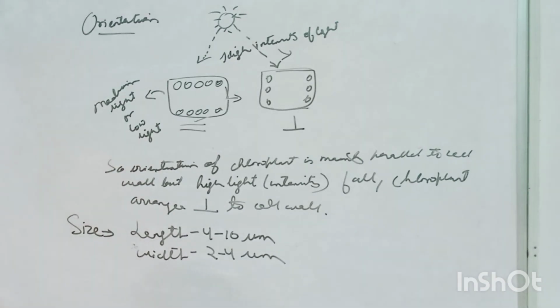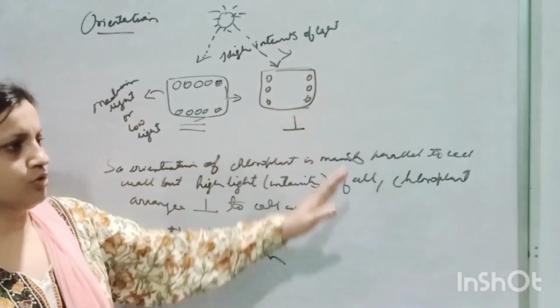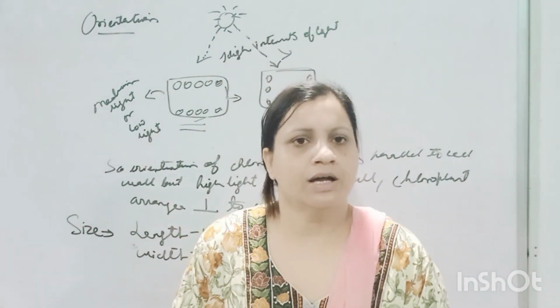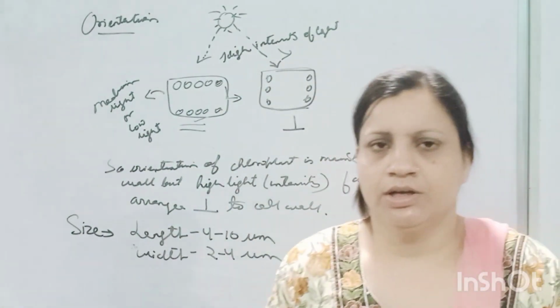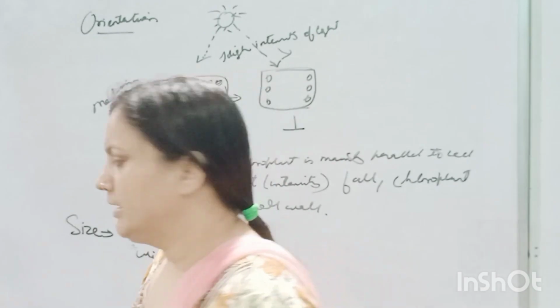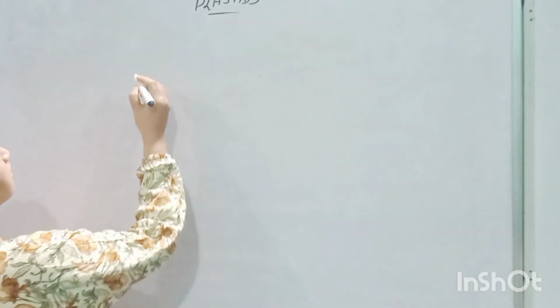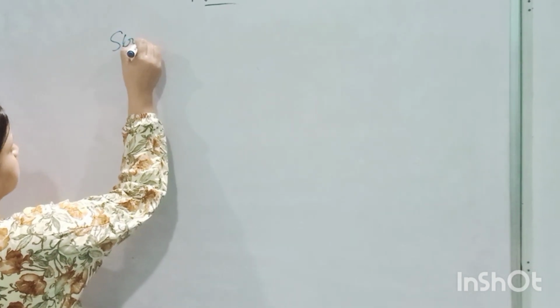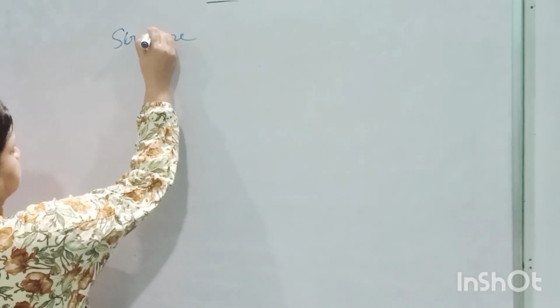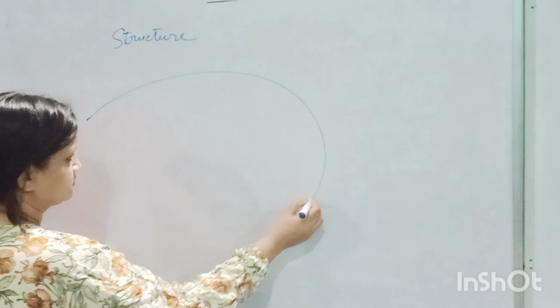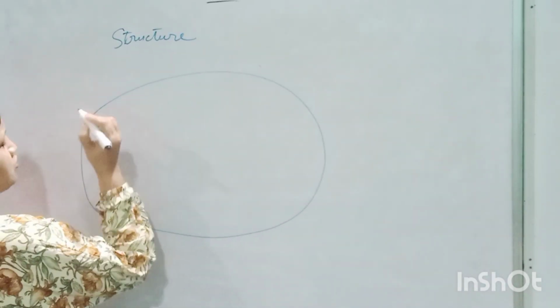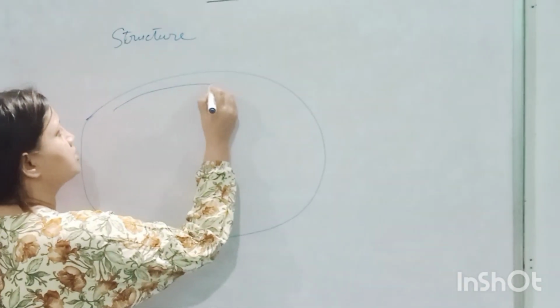So this is about the chloroplast. Now we discuss the structure of chloroplast. So we will go with the diagram and discuss that. Now come to the structure. Yes, I am drawing the chloroplast structure.